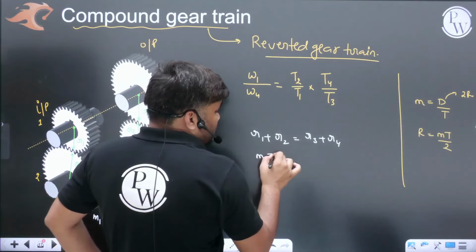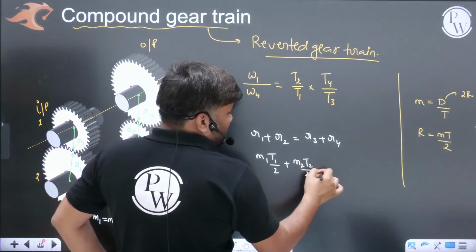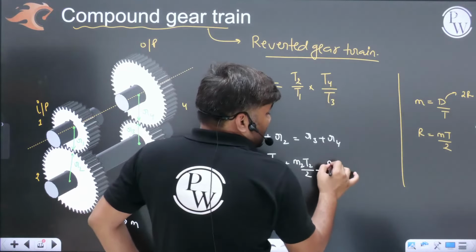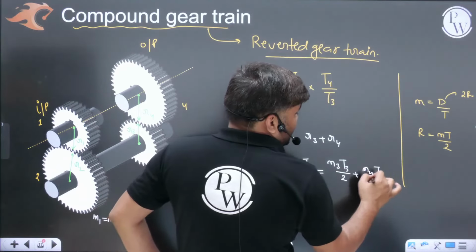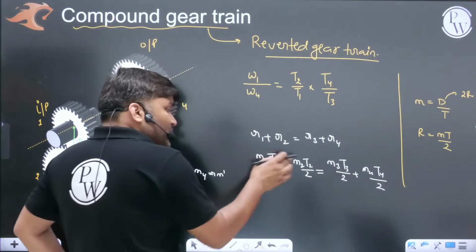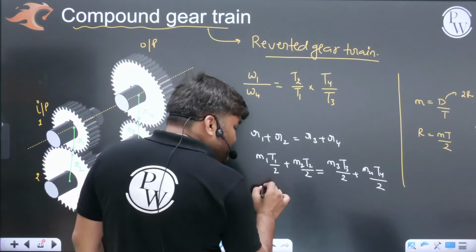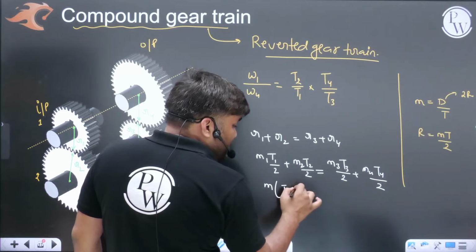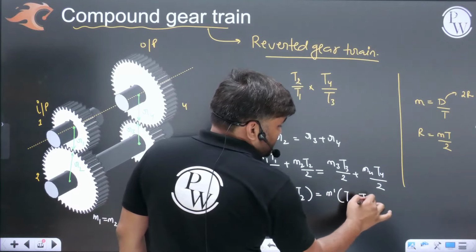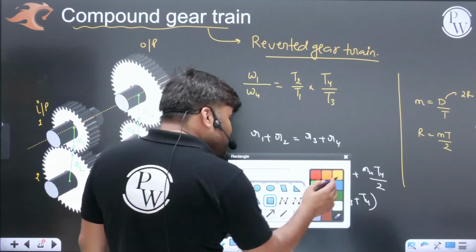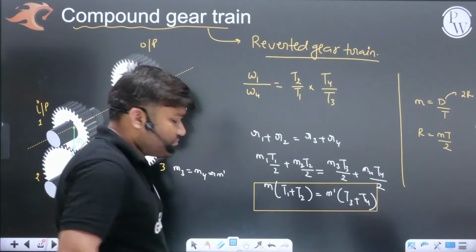M1 T1 by 2 plus M2 T2 by 2 is equal to M3 T3 by 2 plus M4 T4 by 2. Getting my point? M1, M2 same, so M common will come. 2 and 2 will get cancelled. You will have M (T1 plus T2) is equal to M dash (T3 plus T4). You are going to get some relation like this. Okay?